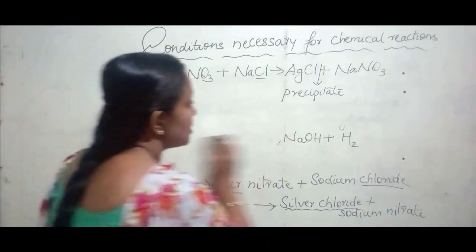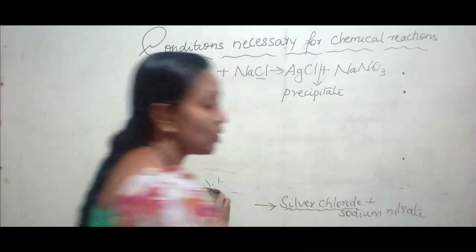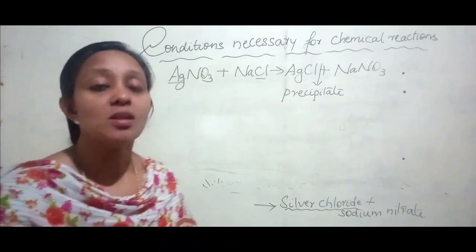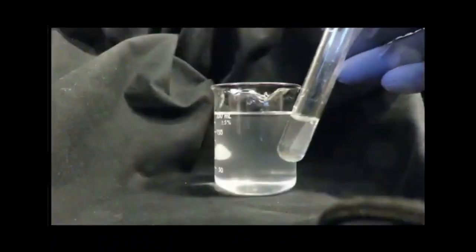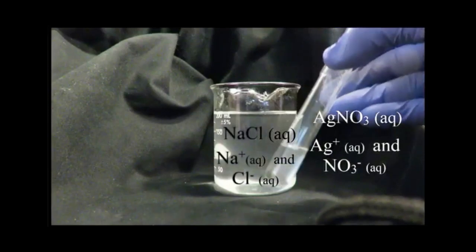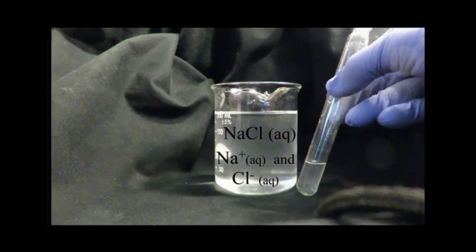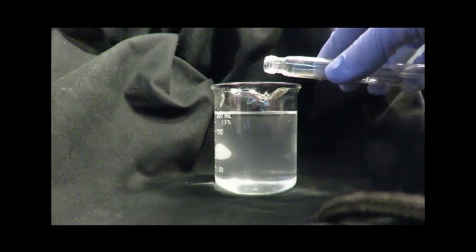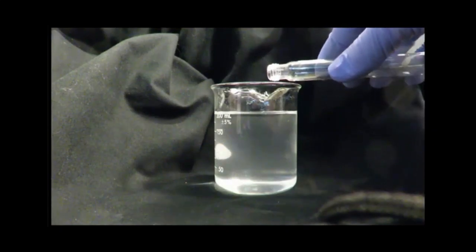Before we move on to the next condition, I think you can watch a video showing the precipitation reaction. So now that we have these two aqueous solutions, the AgNO3 and then the NaCl, we'll mix them together. Remember, they're both aqueous, so they're split apart into their ions. When we do that, this is what happens.